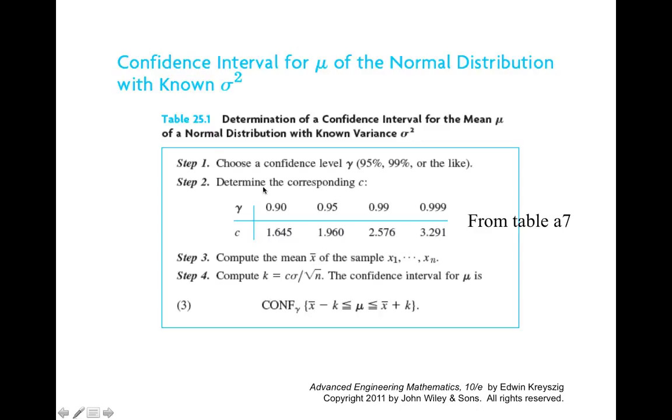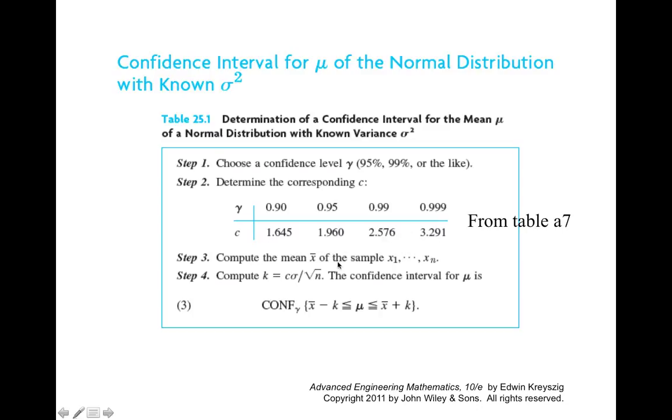So we have this little table that tells you, for a given choice of confidence level, and in this particular table we're going from 90% to 99.9%, we have this parameter c given in the second row.